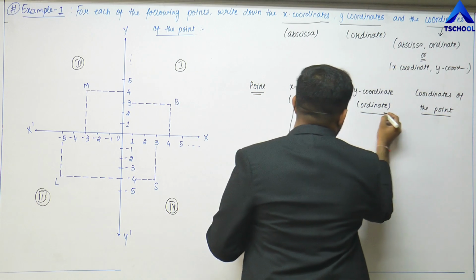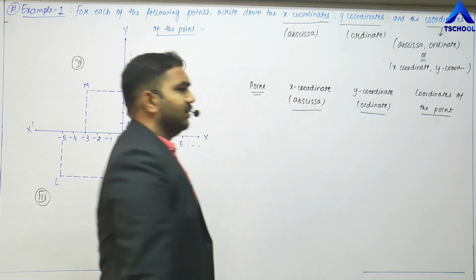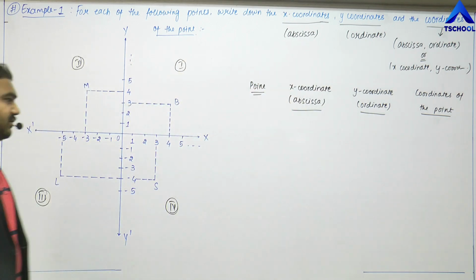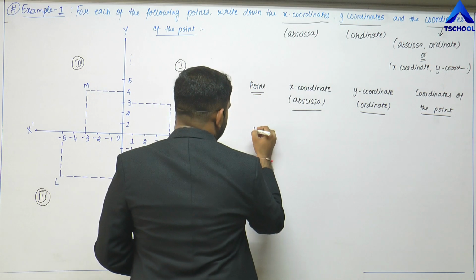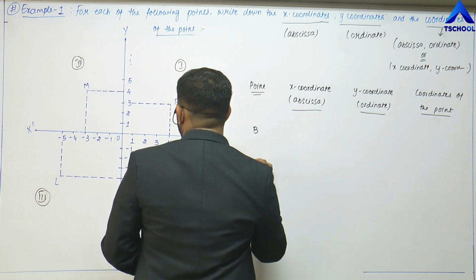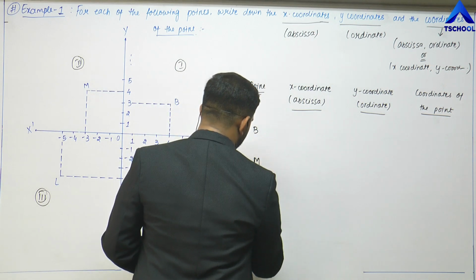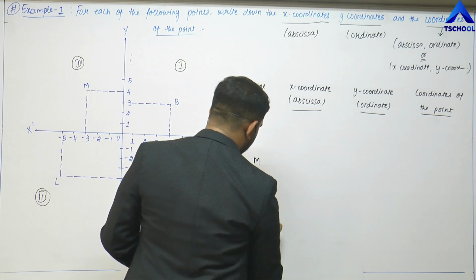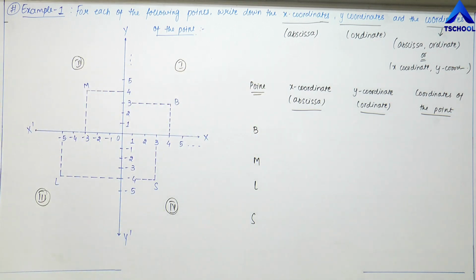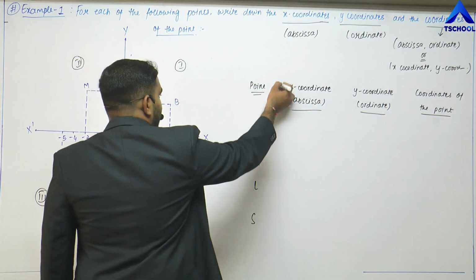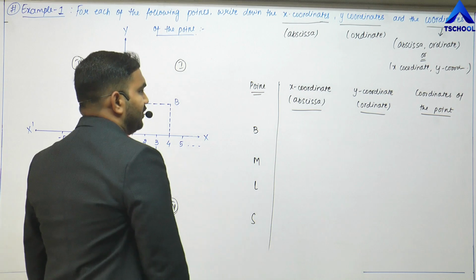So we are going to write down these 4 columns, and the points are the first one B, then M, third one L, and the fourth one S.